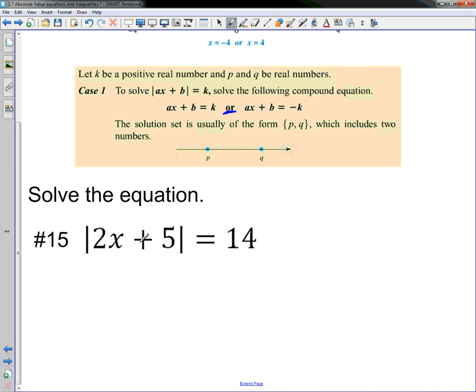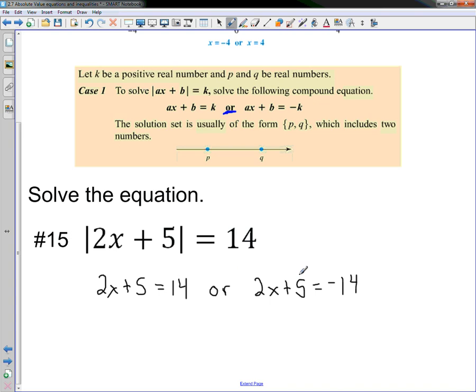We know that when 2x + 5 is equal to a positive 14, it will be 14 units away. When this inside portion is equal to 14, the absolute value of 14 is 14. We also know that we could have when the inside portion is equal to a negative 14. The absolute value of negative 14 is also 14. So these are going to be our two solutions.